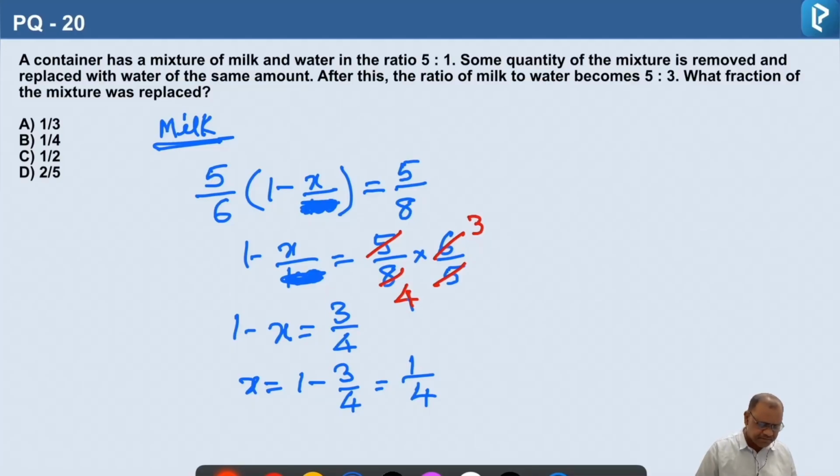So the fraction which we are taking out is 1 by 4. If you take it as a percentage, it will be 25%. Since we are taking everything in fractions, we'll take directly x. So that is 1 by 4. 1 by 4th fraction of the mixture is replaced. So the answer is Option B.